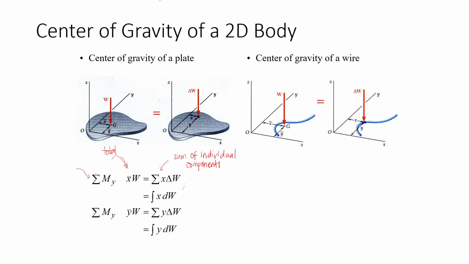To understand this one better, try imagining a square. And let's say the center of gravity is at the center. So this one is defined by bar x and bar y.